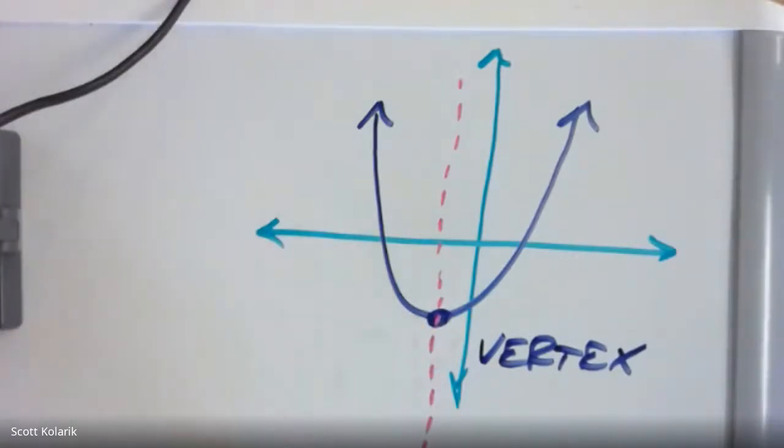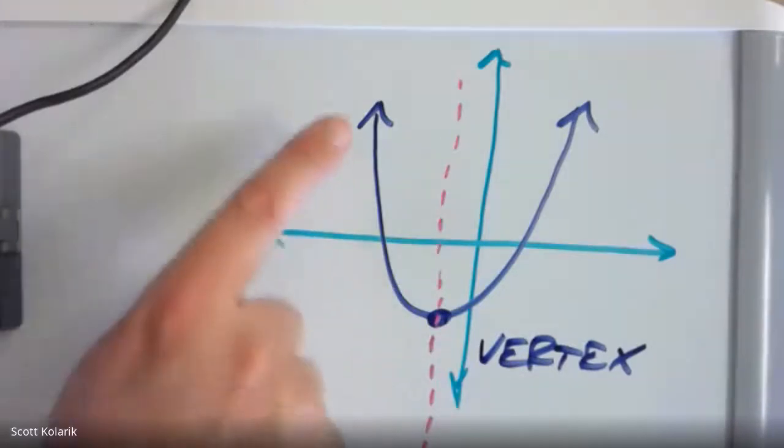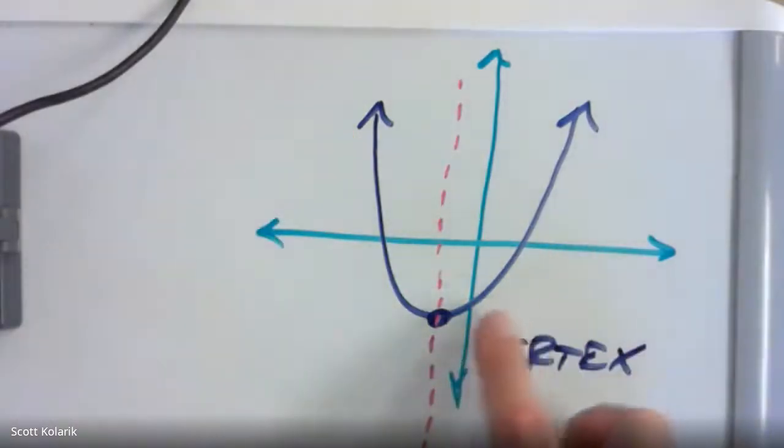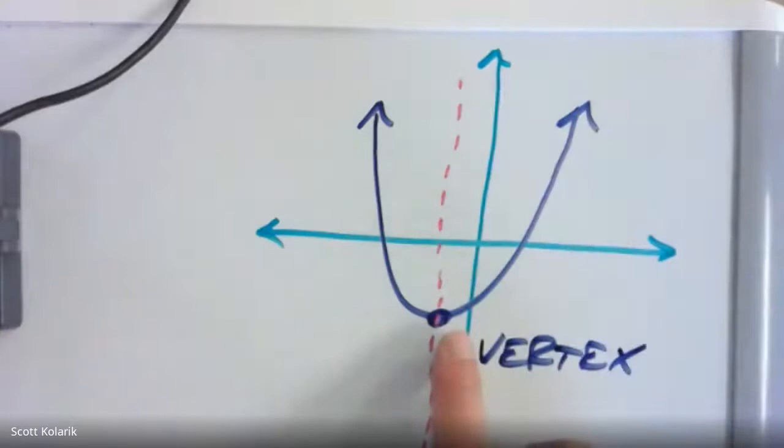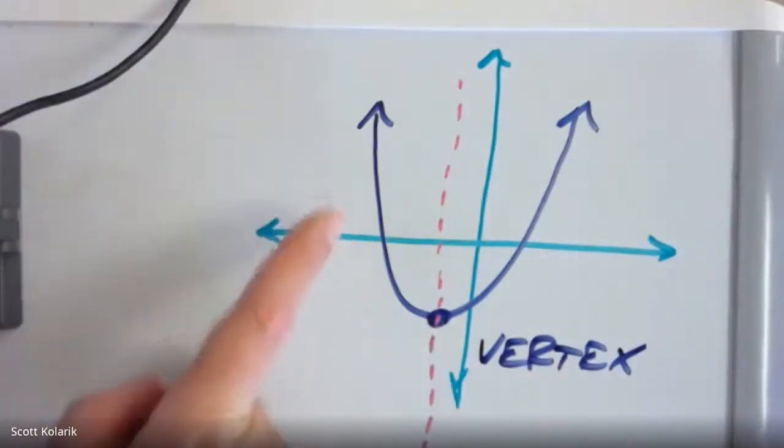Okay, and so what I'm going to care about if I'm graphing a parabola is I do want to know where my vertex is, and then I want to pick a point on either side. And the reason I want to pick a point on either side is because I want to represent one side of this U. If I pick both points on this side, I definitely get one part of a curve, but I have no idea what's happening over here.